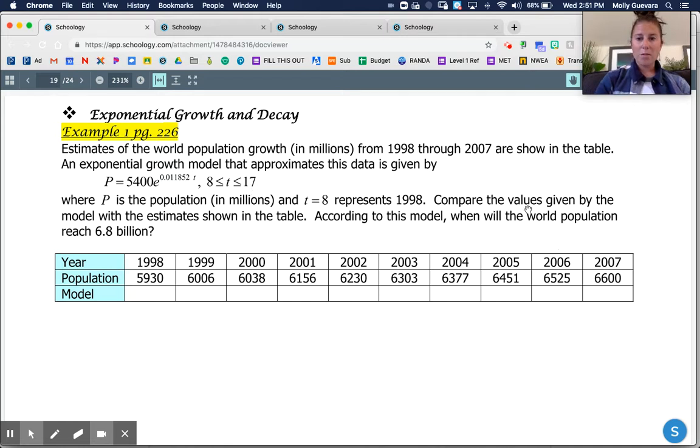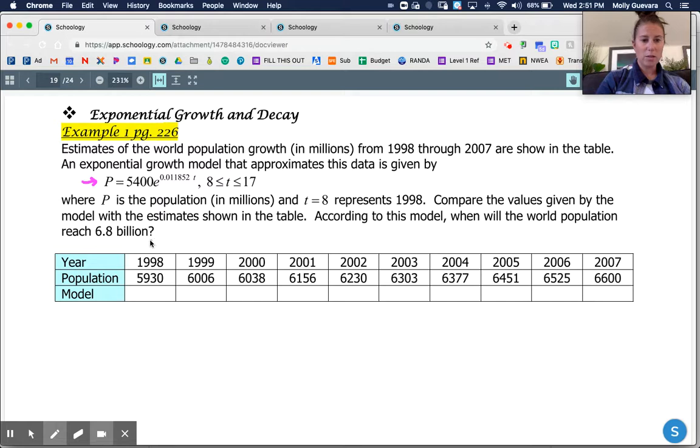Compare the values given by the model with the estimates shown in the table. According to this model, when will the world population reach 6.8 billion? So the easiest way to do this, at least I believe, is to graph this equation in your calculator, and then plug in the values.